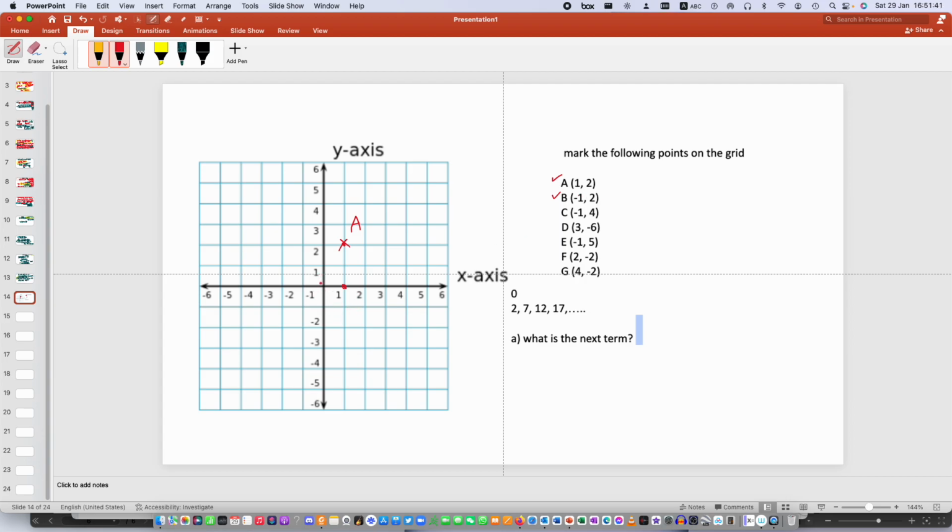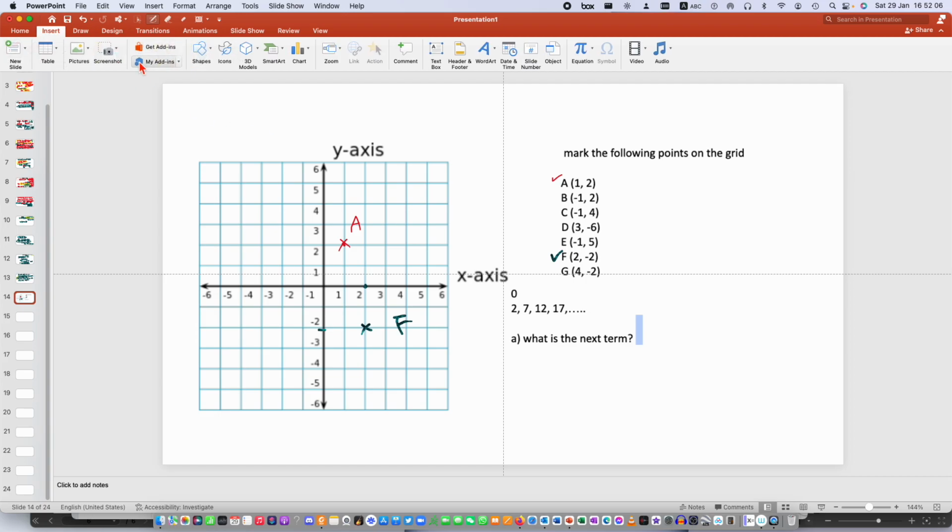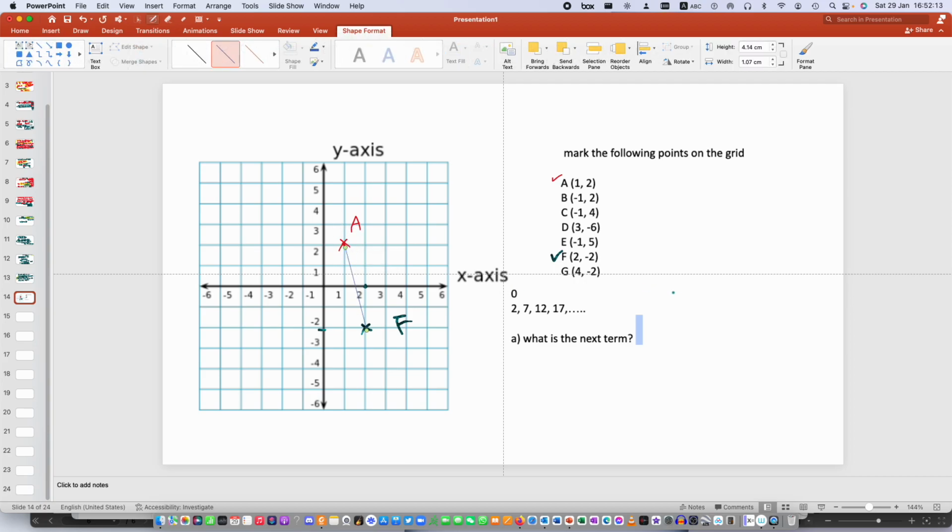Minus 1 is here, 2 is here. Okay, let me not choose B. Let me choose F. 2, minus 2. 2 is here, minus 2 is here. So this is my F. So if you link it up, you get a line, right? So link up 2 points, you will get a line.